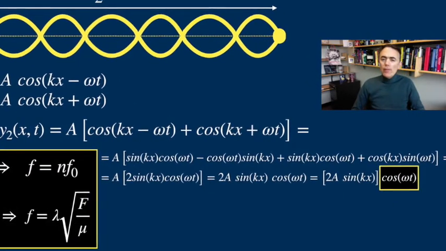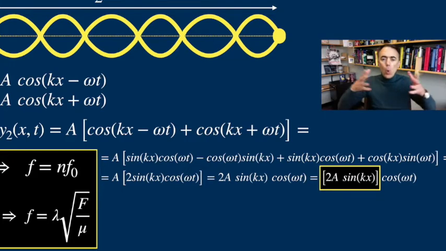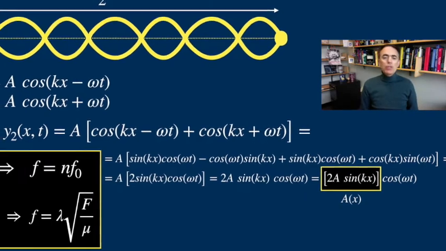But we have this sine term that depends on the position. This term multiplies the whole wave. This term can be thought of as the amplitude that is oscillating from a value of 2a to a value of 0, depending on the x position.